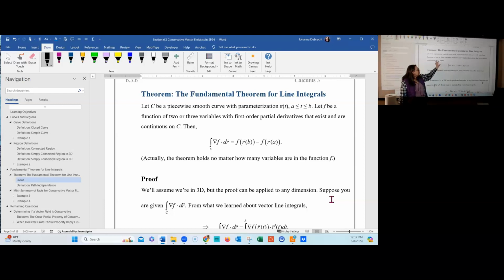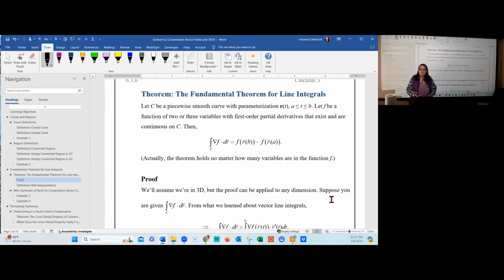All right, now that they're continuous on C, then we'll say that the vector line integral over the curve C of del f dot the dr vector differential is equal to the potential function, which is a scalar valued function, evaluated at r of b minus the potential function evaluated at r of a.